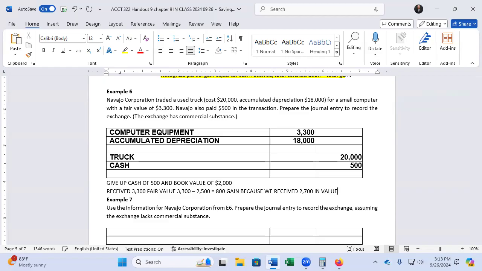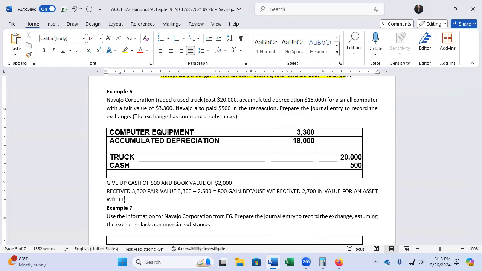Oh, I'm sorry, I did the math there wrong. 2,800 in value, right? With a book value of 2,800. I'm just a little off today.